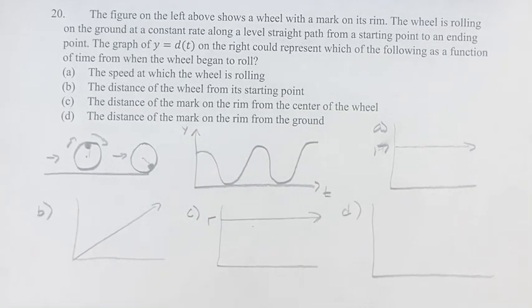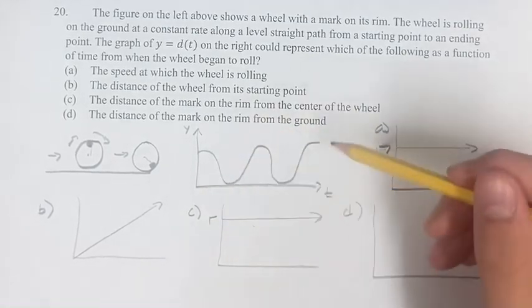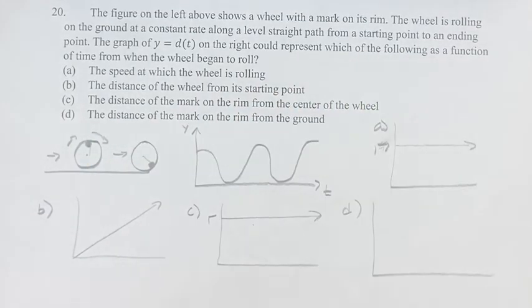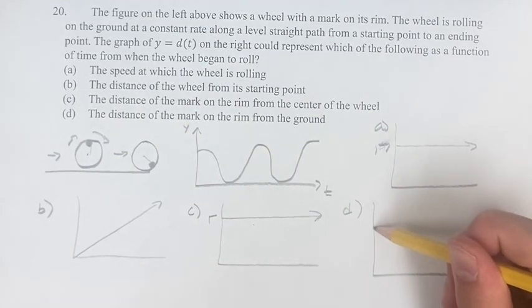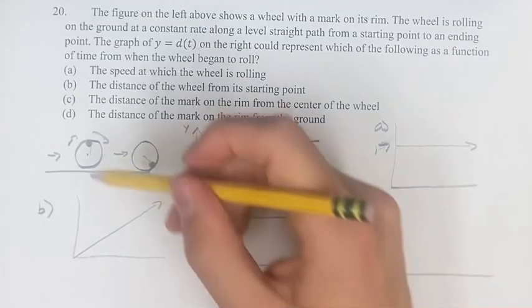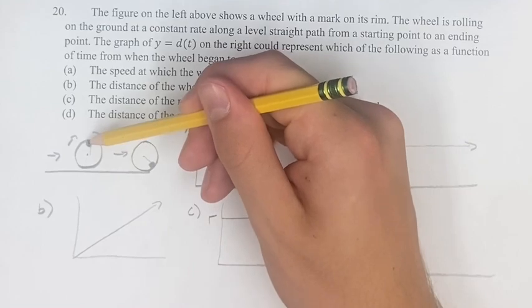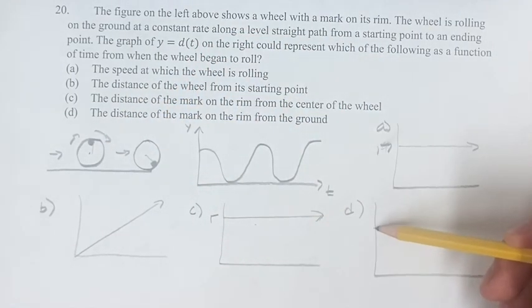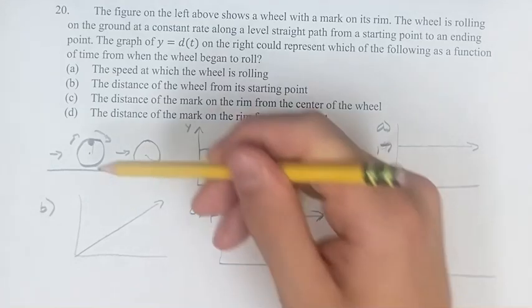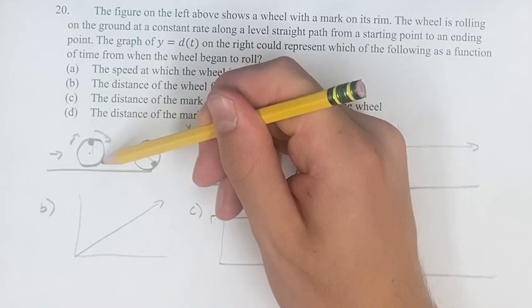So if we try and graph this, obviously we know it's going to look like this, but pretend we didn't know that. Well, when it's up here, it's some certain distance, right? Let's say it's here. And then as it rotates and the mark goes around here, the distance from the ground is going to go down because it's getting closer and closer to the ground.